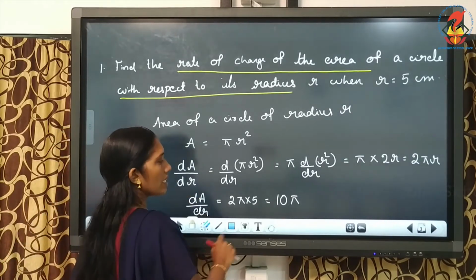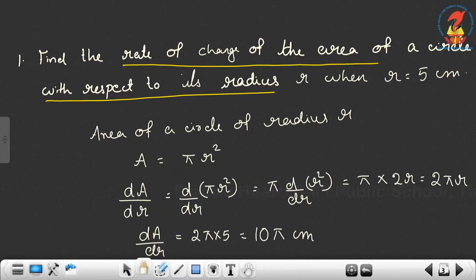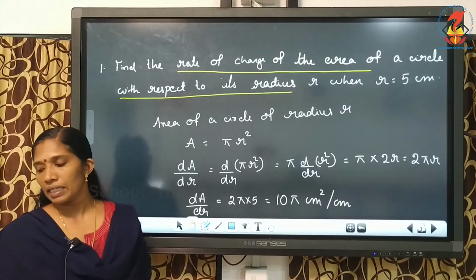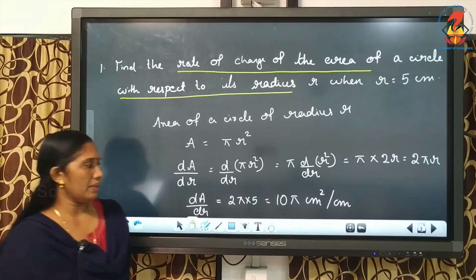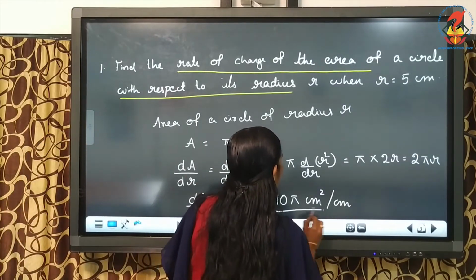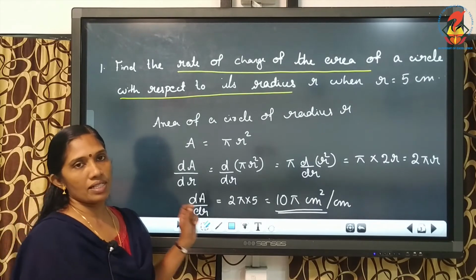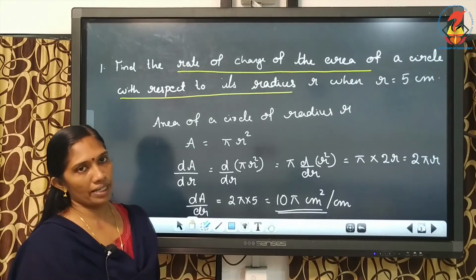The numerator is area, its unit is centimeter square, since r is given in centimeter. Then by r, the unit is centimeter. So 10 pi centimeter square per centimeter is the rate of change of area of the circle with respect to its radius.